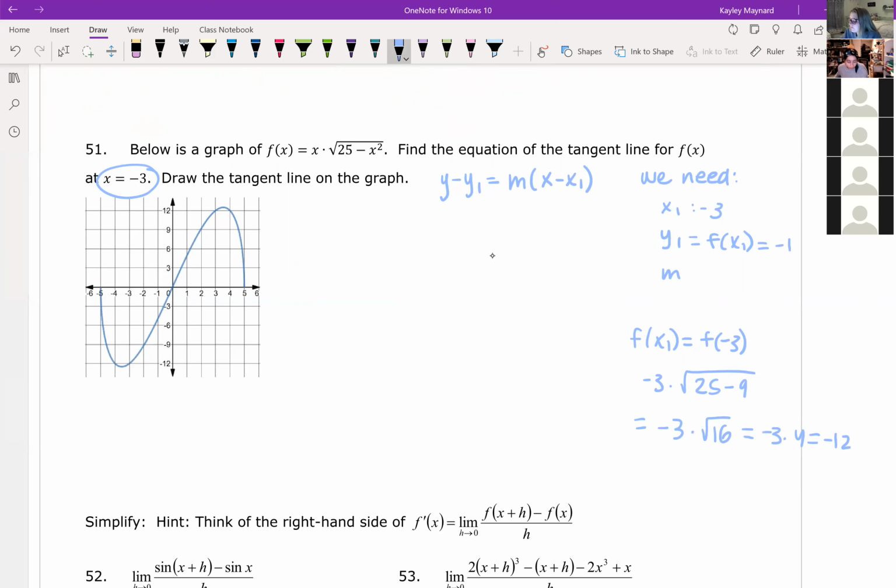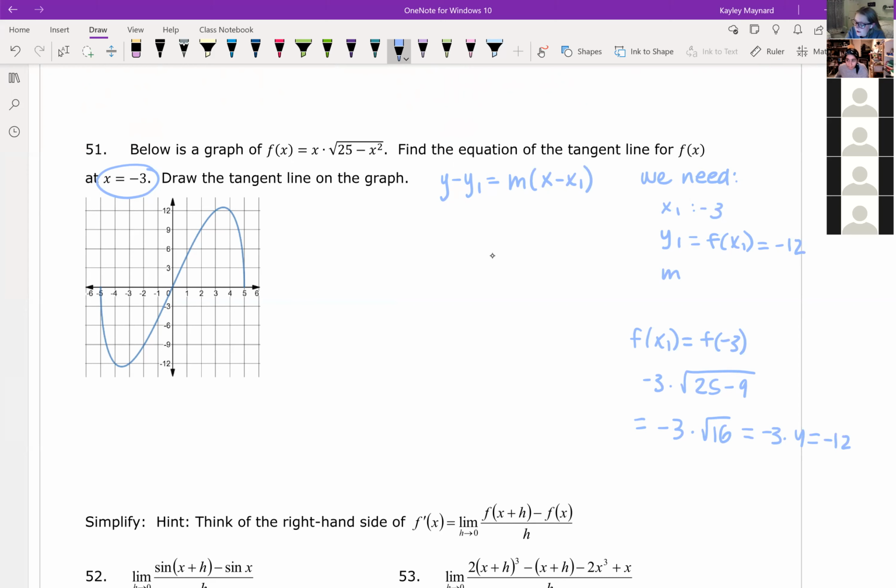So you can honestly do 2 of these steps without any calculus. You're given x1 and you can find y1 by just plugging it into the function. The step that really requires some calculus is finding your slope, because that requires that you take the derivative. The slope of the tangent line at -3 is the derivative evaluated at -3. So the derivative will give you the slope of the tangent line at that point.